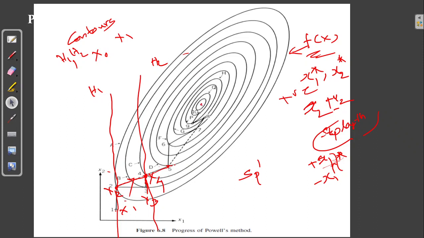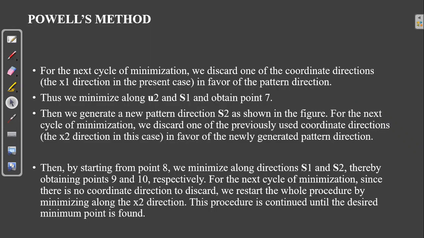So this will be the new minimized objective function, like this. Okay, fifth point. So the first pattern search is over.